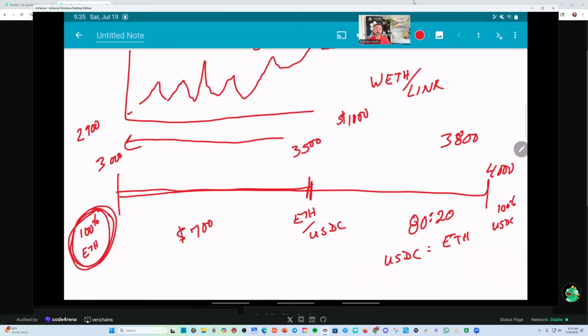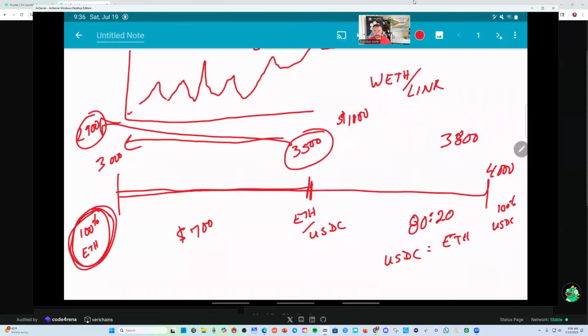Most people, when they first get exposed to this part of the dynamic, don't get it at first, which is why people always ask about impermanent loss, and why I say don't drive yourself crazy about that yet, because it's a negligible factor. You're going to think you understand it, but really what you're going to see is the value of ETH go down, and you're going to say, oh, impermanent loss.